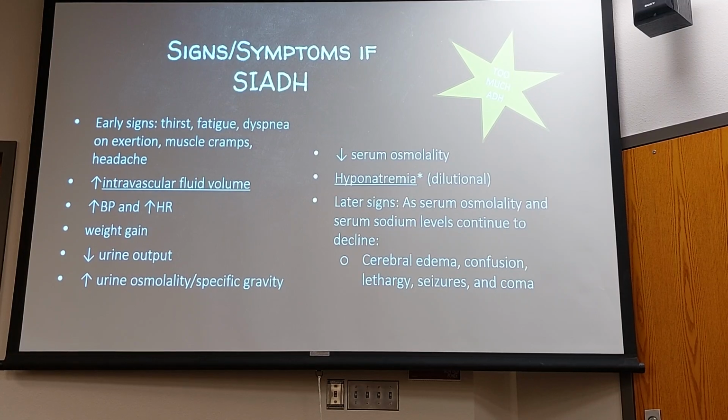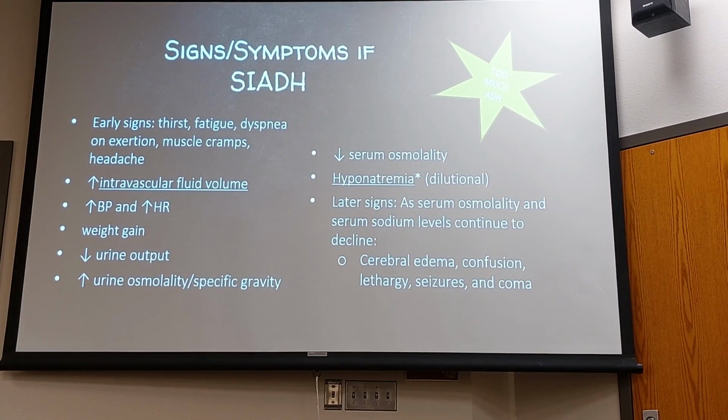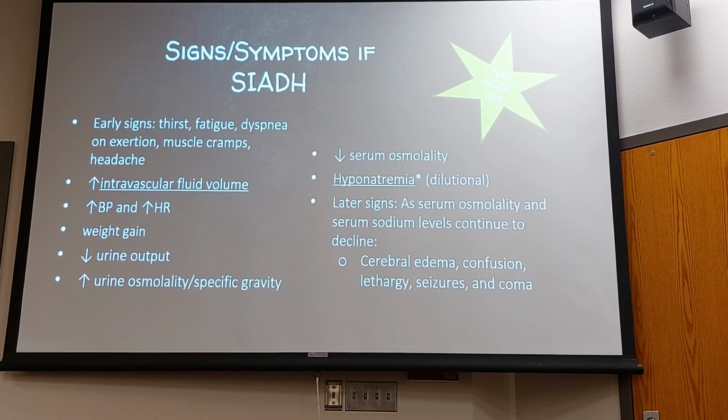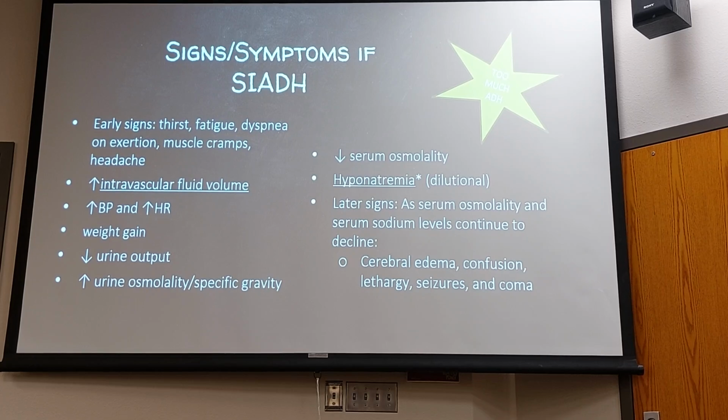Okay, so signs and symptoms. If you stop and think about it, you could probably think of a few without even looking on the screen. If we have too much antidiuretic hormone, what's the first thing that's going to happen? Too much fluid. Yeah. Increased weight, yeah.